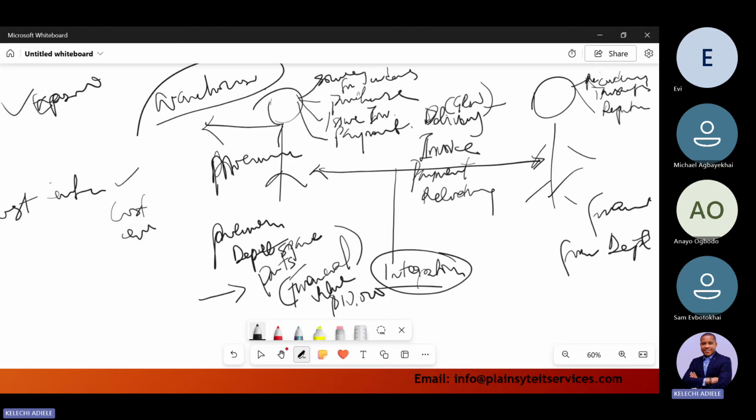So what does the procurement team do? The procurement team does not have the capacity in most structured businesses. Procurement team does not have the financial capacity to pay any vendor because they don't have access to financial wealth of the business. They don't have access to financial assets.